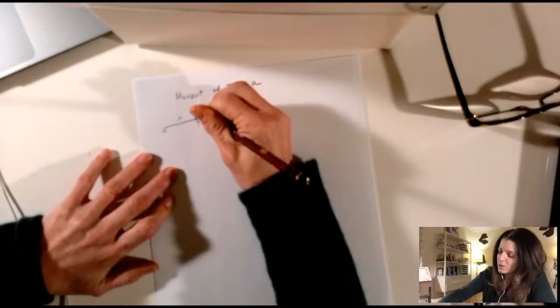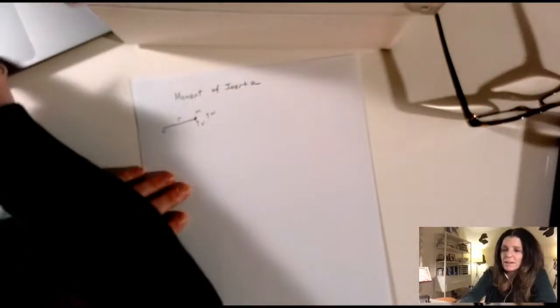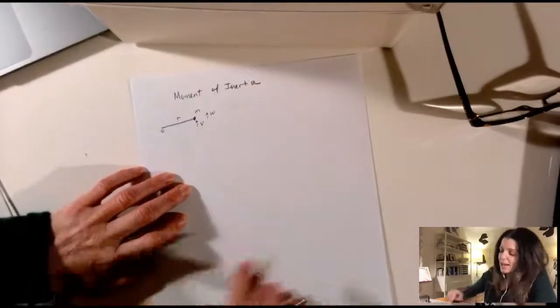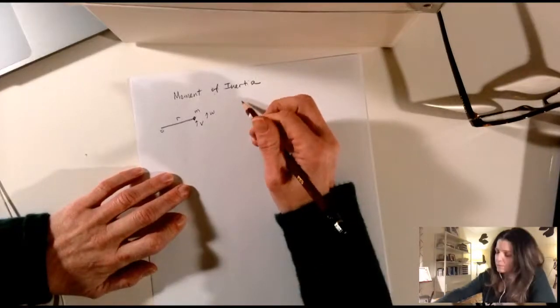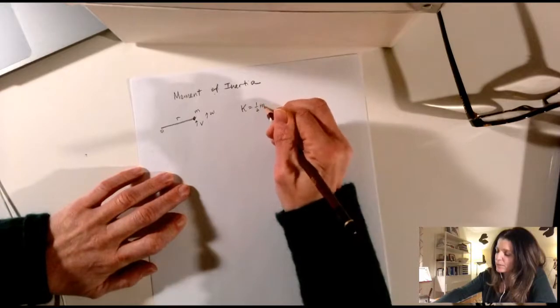We also know that if it's rotating, it has an angular velocity omega. And I know that v equals r omega from our rotational kinematics. All right, I'm going to write the kinetic energy of this object as 1/2 mv squared.